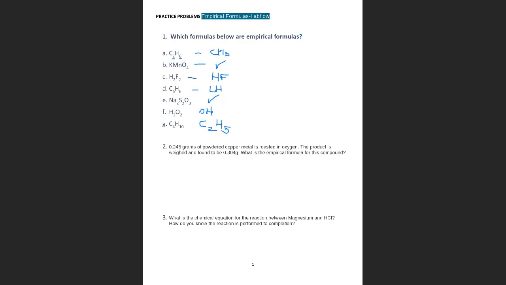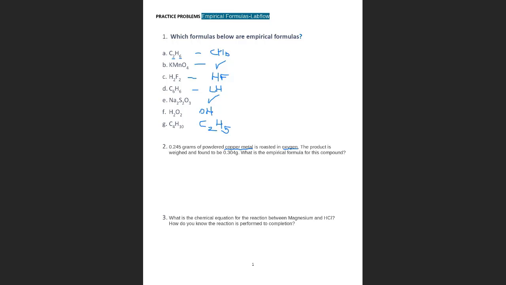Let's look at example number 2. Take your time to read it. It says 0.245 grams of powdered copper metal is roasted in oxygen, which means copper is reacting with oxygen.